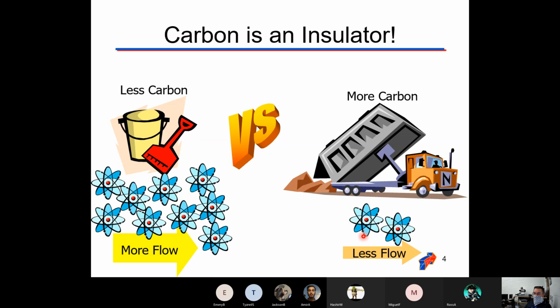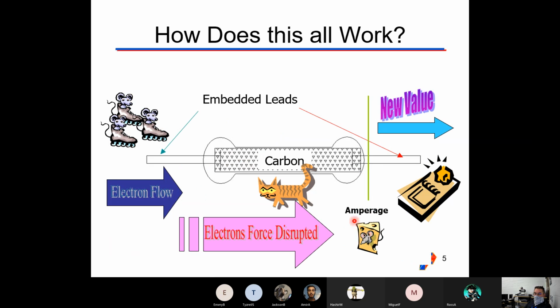This is a PowerPoint that was redesigned to make it easier to understand. They're going to use those cats and mice again, so that you guys can understand what's going on. How does it all work? This is a picture of a resistor right here. You have electron flow going through, and then you have your resistance, the cat, trying to restrict the number of mice that are getting through, right?